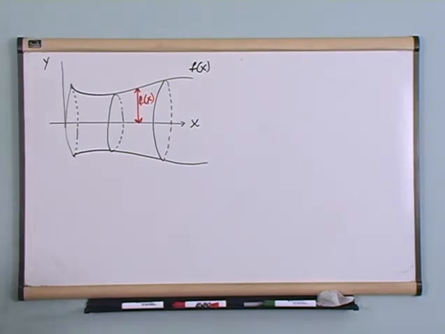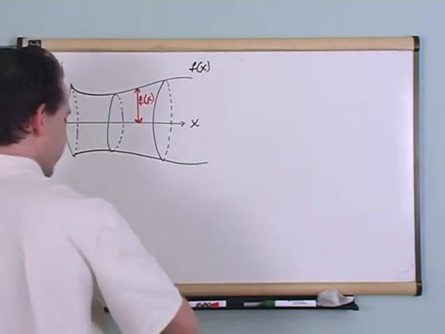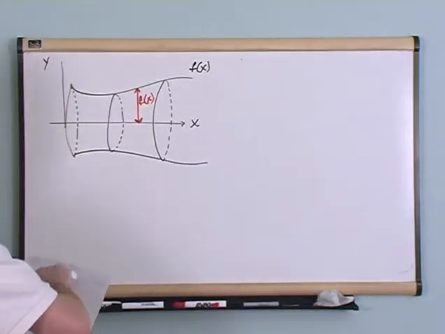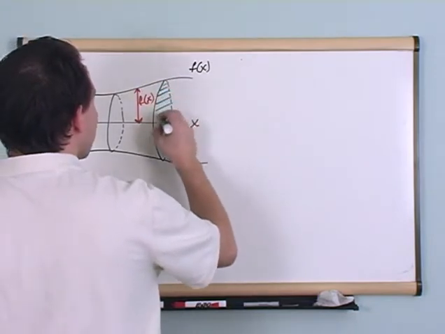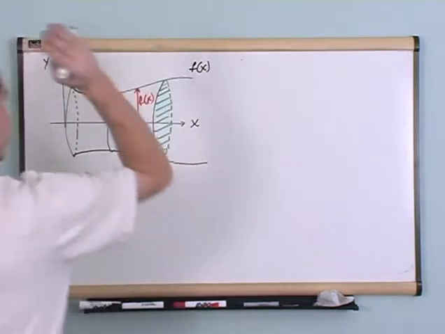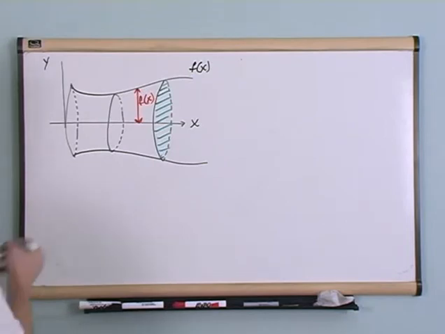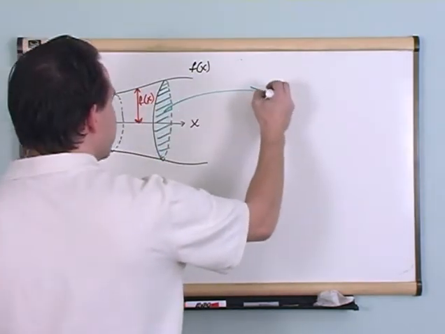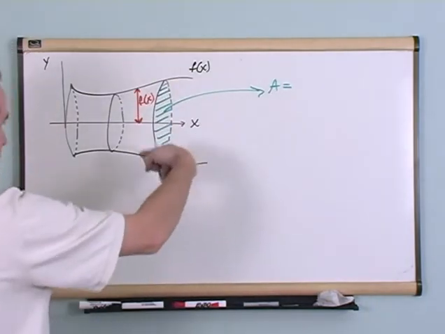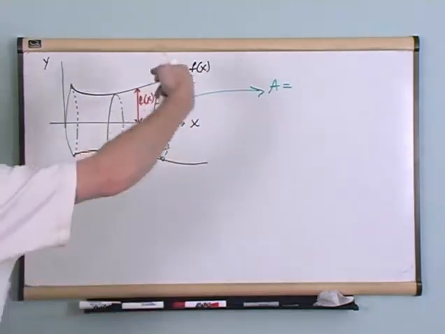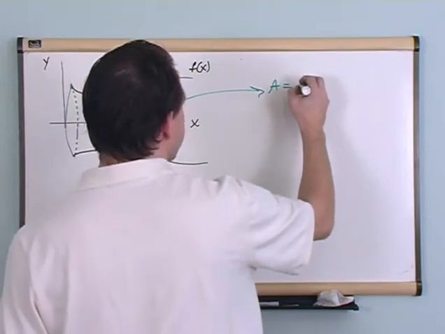Okay? So if I were to look at the area, forget about volume for a second, of this little slice, let's say I slice it right here, what's the area going to equal? Well, in general, this is a circle, right? Because you've rotated it around in a circle. So the area of a circle is just pi r squared.